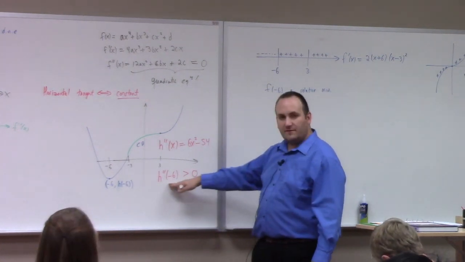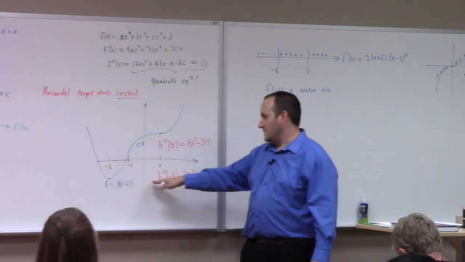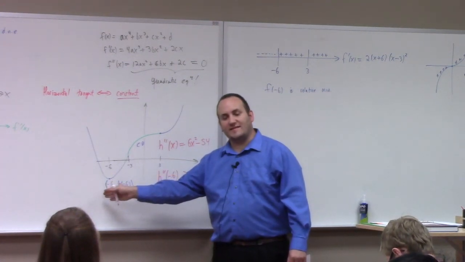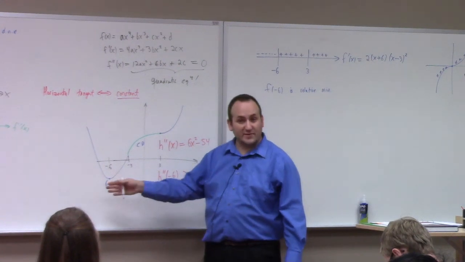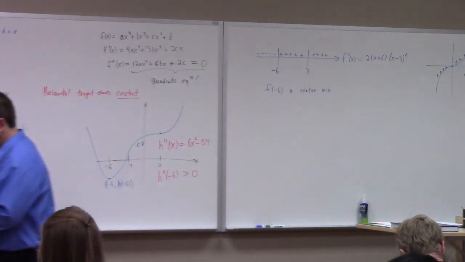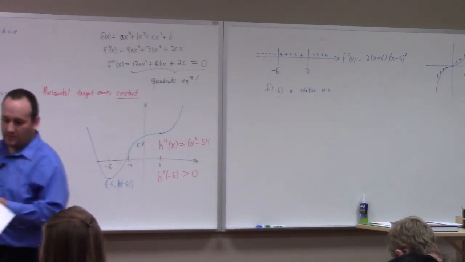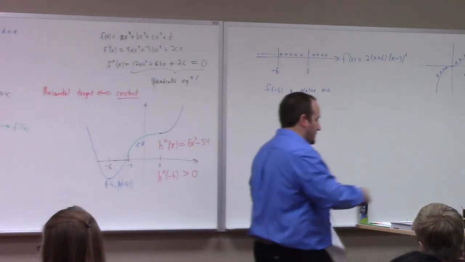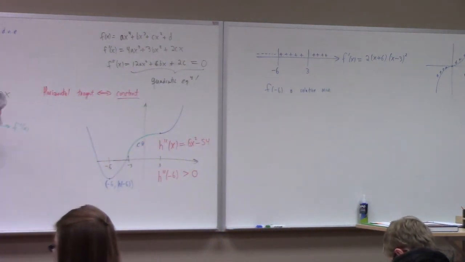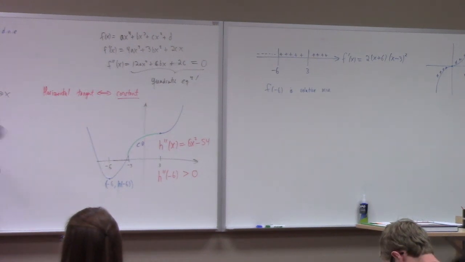If the second derivative is positive at a critical point, the second derivative test says it's a local minimum, or a relative minimum in the language of your text. So that's the second derivative test. We look for critical points, and we check the concavity at those points. If it's concave up, it is a local minimum. If it's concave down, it's a local maximum.